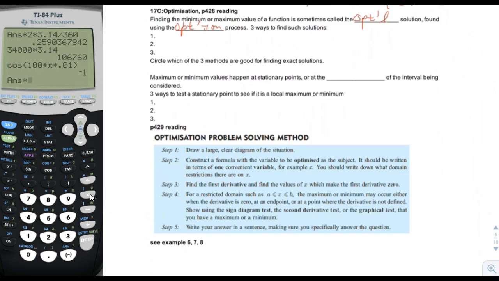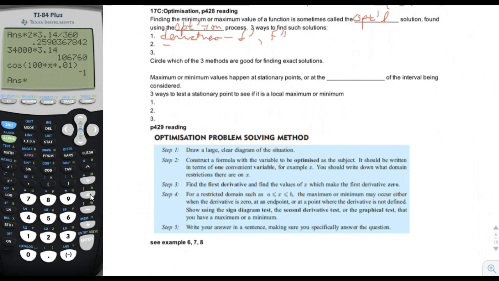Okay, one way is to use derivatives. We can use derivatives to find stationary points. So with derivatives, we would take the first derivative, and we would take the second derivative. That's one way. What about a second method? A second method would be, remember when we did quadratics?